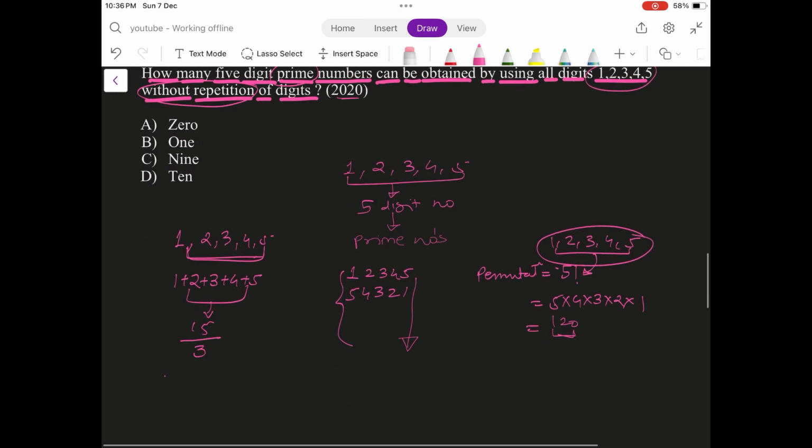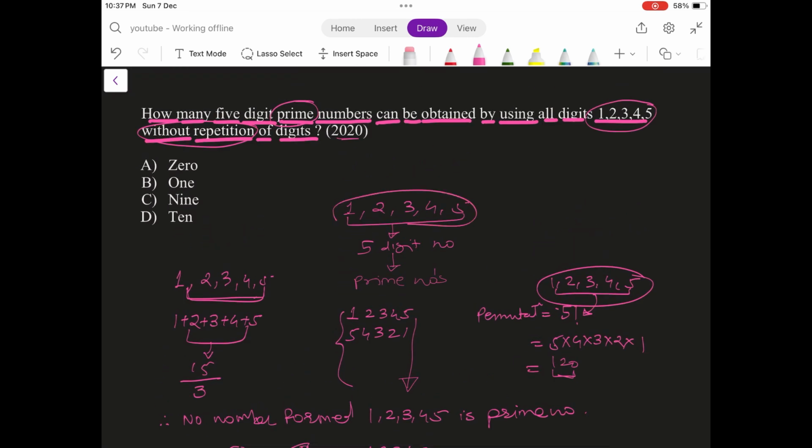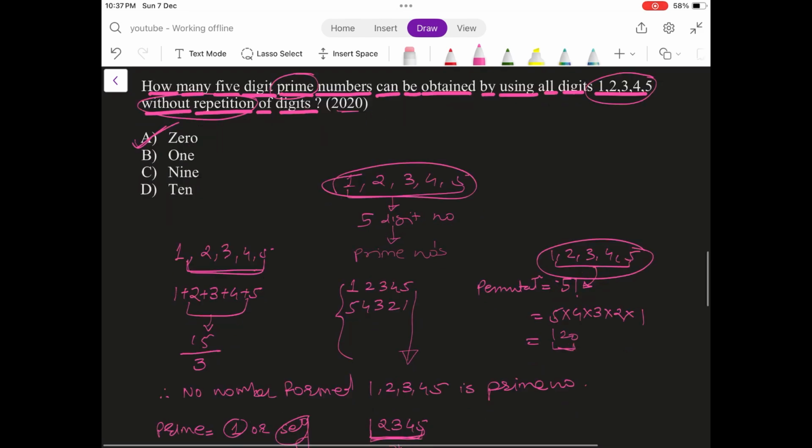Therefore no number formed by using digits 1, 2, 3, 4, 5 is a prime number क्योंकि it is divisible by 3. क्योंकि प्राइम नंबर इज़ द वन जो कि खुद से डिवाइड होता है या फिर 1 से डिवाइड होता है. लेकिन ये जो नंबर बनने वाले हैं using 1, 2, 3, 4, 5, this is going to be divisible by 3 as well. Therefore no number formed using this is going to be a prime number. So answer is 0. Now let's discuss the next question.